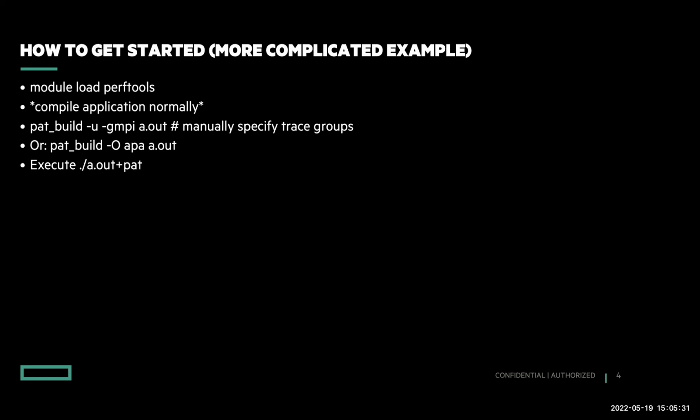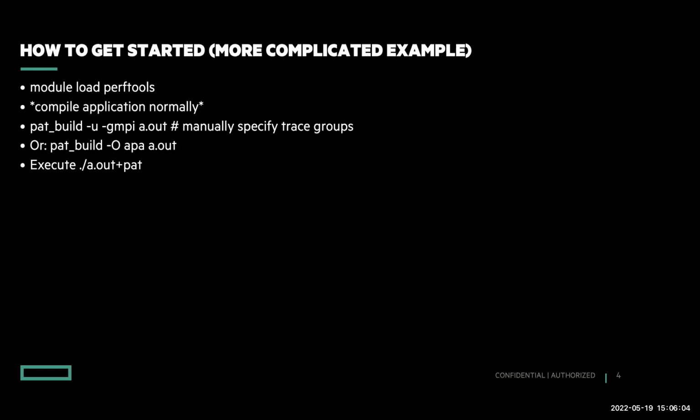Or, as I said, you can utilize the automatic profiling analysis mode. And what this does is essentially you'll do a sampling experiment first, and as part of that experiment, it'll spit out a file, and that file will tell you, hey, based off of my analysis of your application, I suggest that you trace these certain functions because these are hot functions, right?